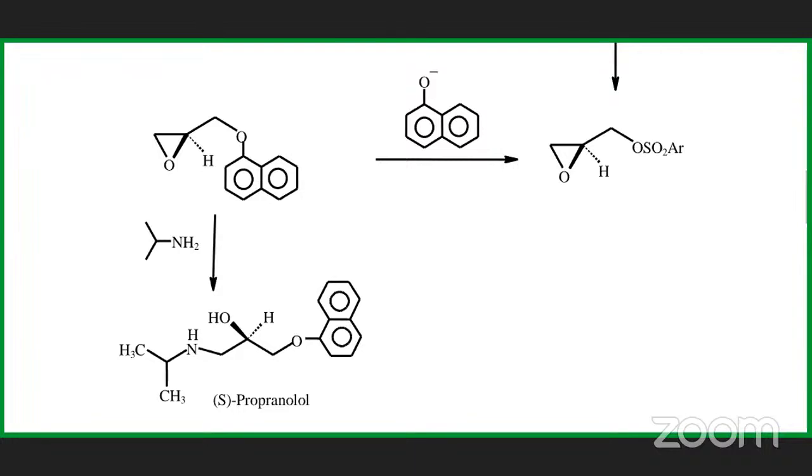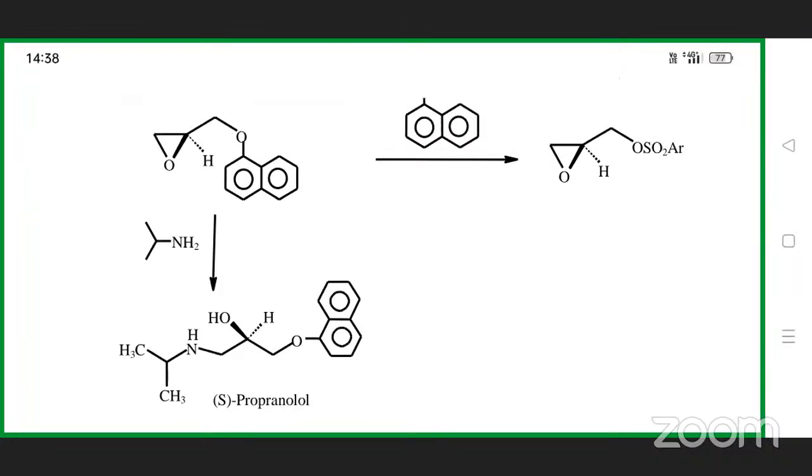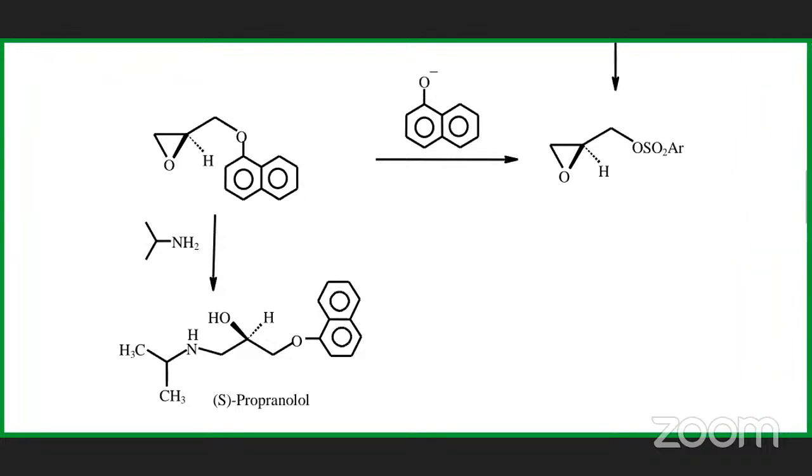here. So here also you do the opening of the epoxide ring from the sterically less crowded position. Any reagent, be it a base or anything, prefers the opening of the epoxide ring from the sterically less crowded position.